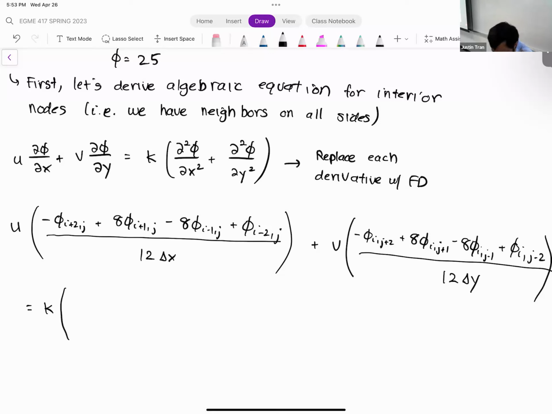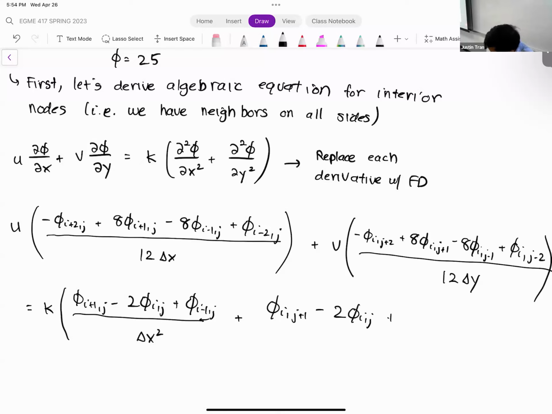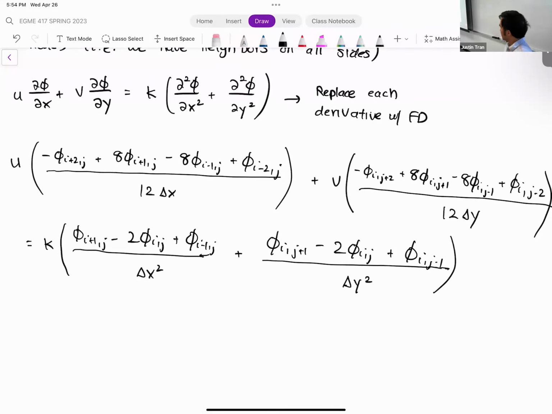So this is going to be just our usual diffusion derivatives: phi i plus 1 comma j minus 2 phi i comma j plus phi i minus 1 comma j, all divided by delta x squared, plus phi i comma j plus 1 minus 2 phi i comma j plus phi i comma j minus 1, all divided by delta y squared. That's all the finite difference stuff.